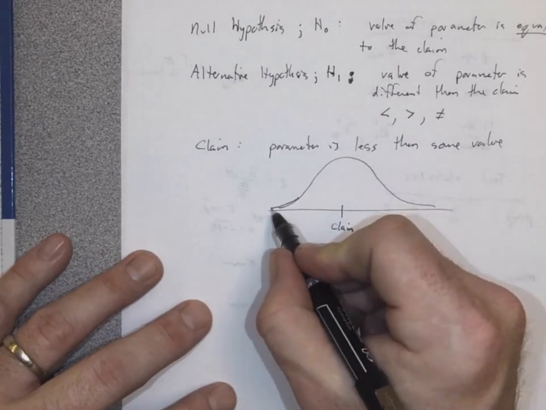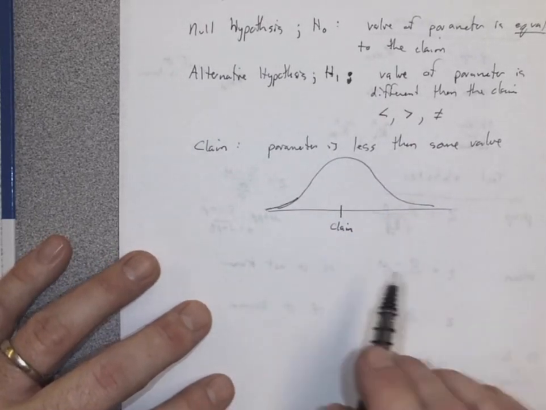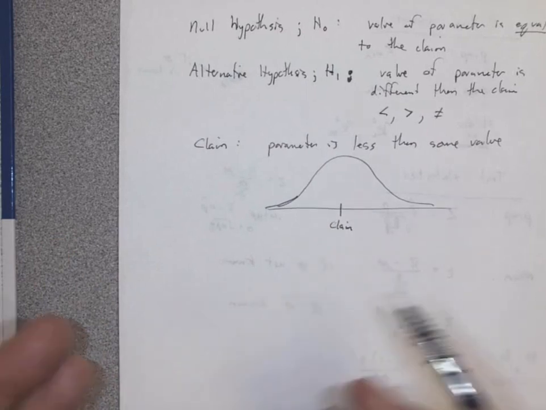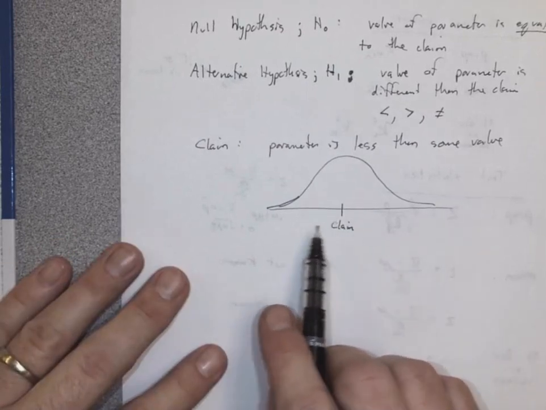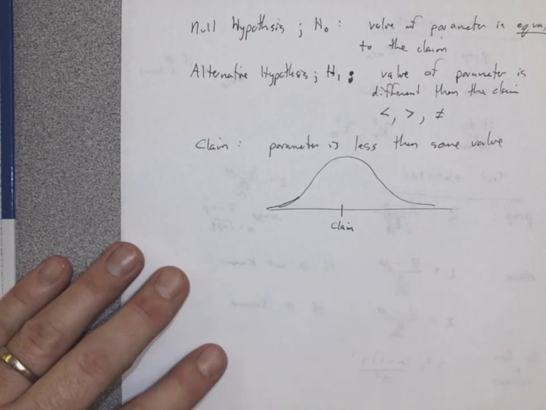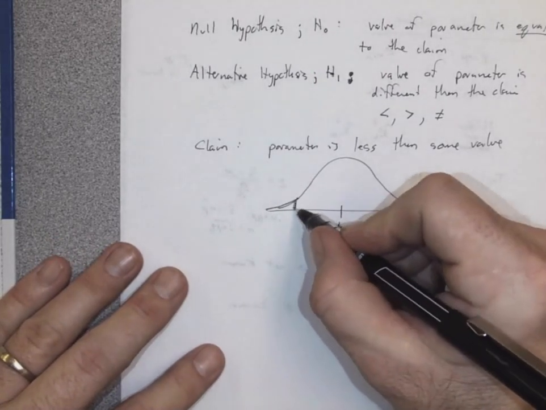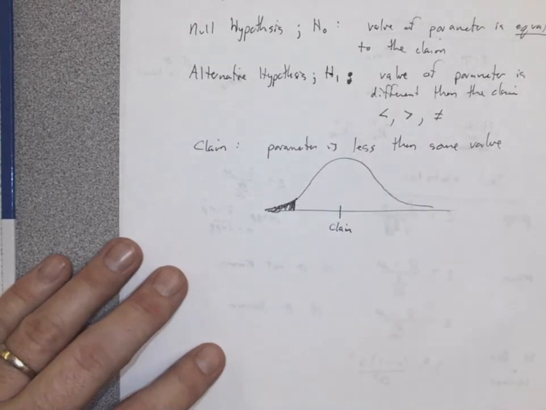What I want to know is whether the value is less than the claim. To be barely less than the claim is not good enough. Remember that as we repeat things, there's always fluctuation. It's got to be less, but far enough that it's not statistically equal. So somewhere out over here is what I consider significantly low.